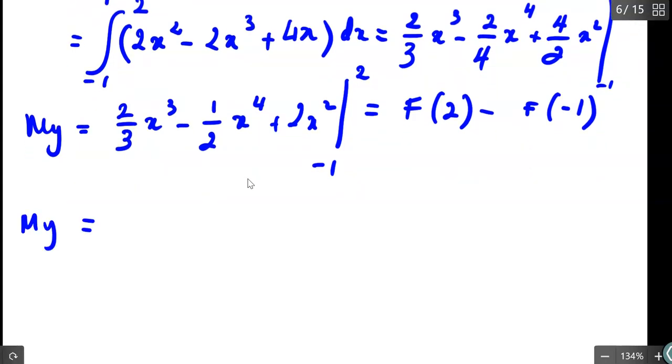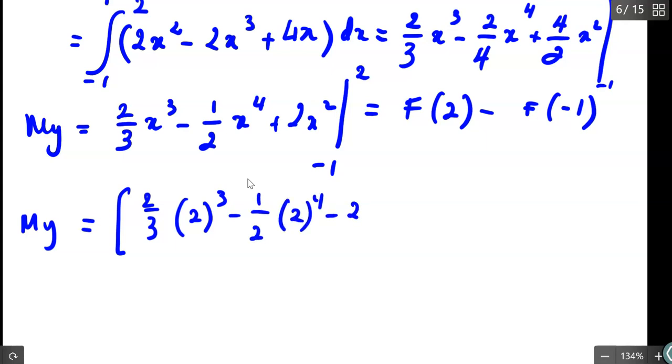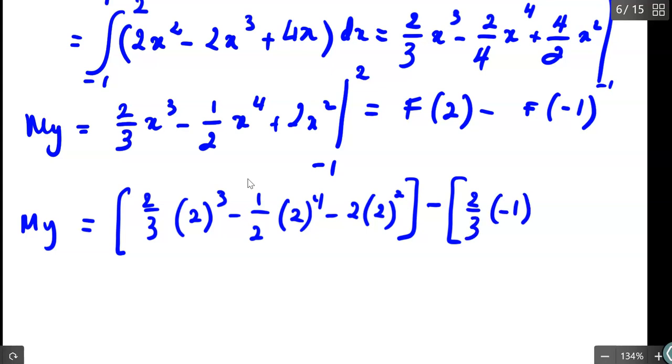So My will be equal to 2/3 times 2 to the exponent 3 subtract a half times 2 to the exponent 4 plus 2 times 2 to the exponent 2, close the bracket, subtract this again, 2/3, but this time I replace x by negative 1.